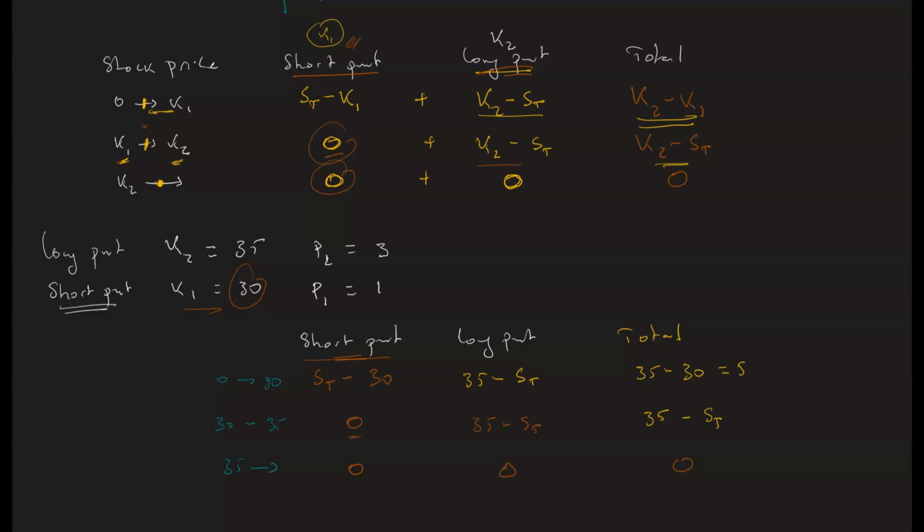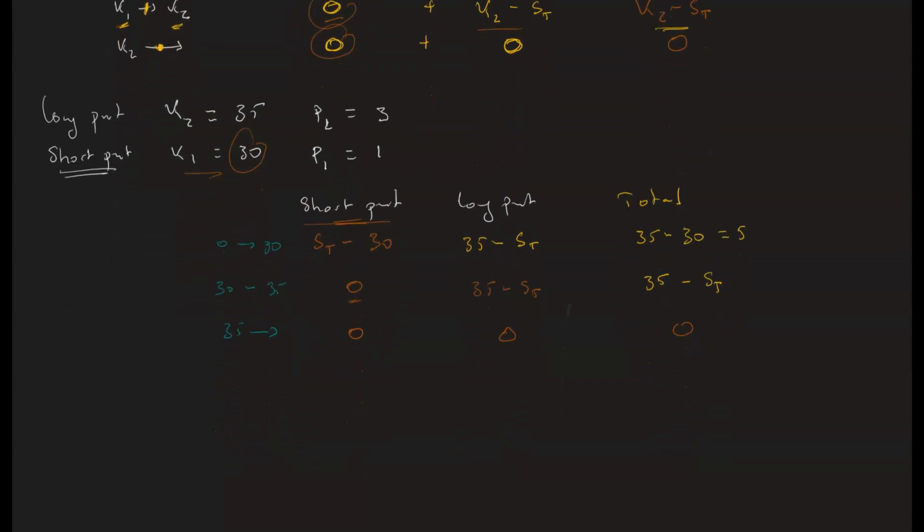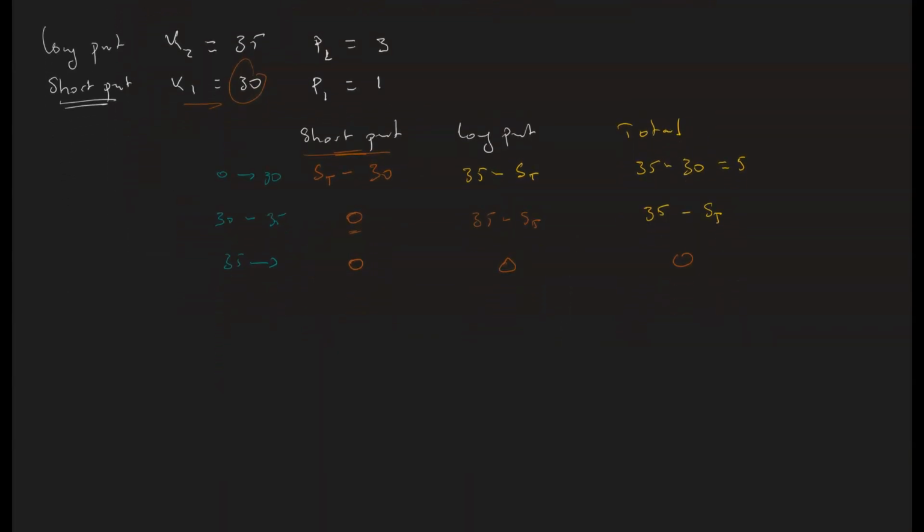And so if we were to draw this, how would we put this together? Well, we would not put this together without accounting for the premium. The way we're going to account for the premium is that for the long put, we had to pay $3, and for the short put, we receive $1. So our net premium is, we pay $3 for the long put, and then we offset that by $1 for the short put. So our net is going to be a spending of $2.